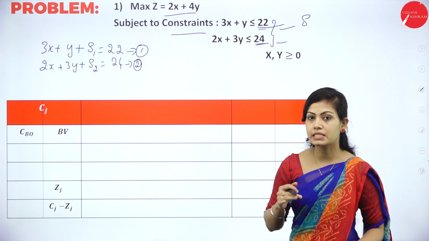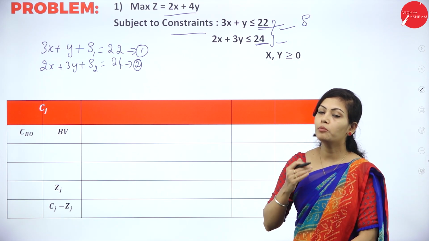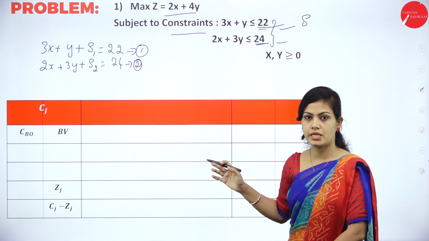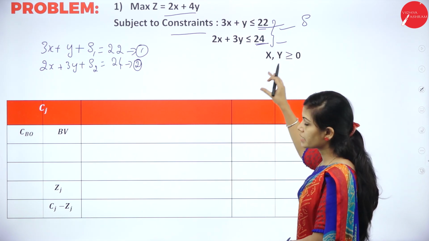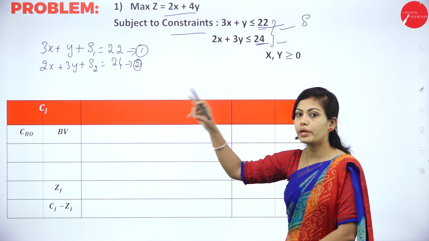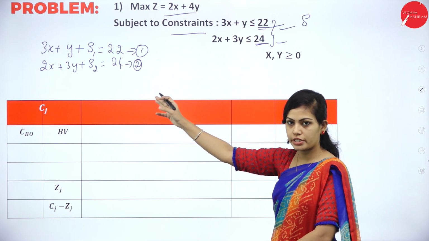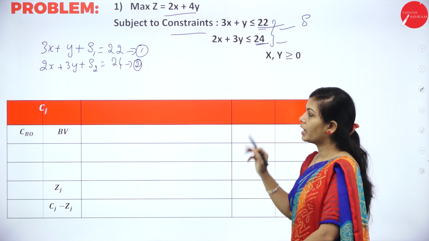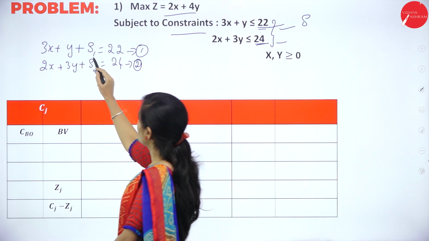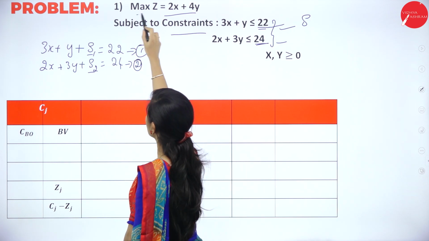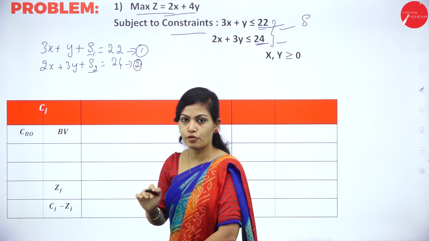If you have three constraints, you can add one more slack variable, so S1, S2, S3, S4, etc. However many constraints there are, that many slack variables you add. So all the inequalities you have to convert into equalities. Here I have added two slack variables, and I will also convert this objective function into standard form.